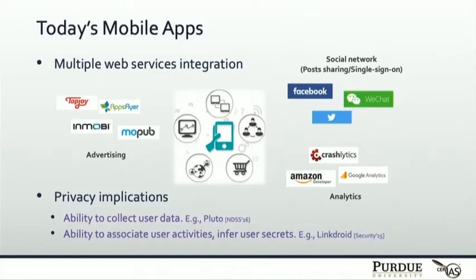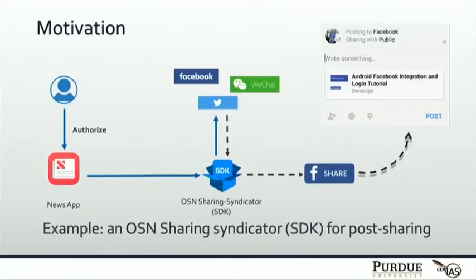Further, they are also capable of associating users' different activities together and inferring users' other secrets, because most of these SDKs are very popular and they are big players in the market. They can be distributed in multiple apps on the same device, so they can use the unique user ID to associate different user attributes.